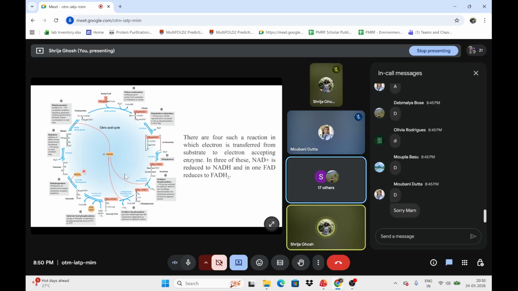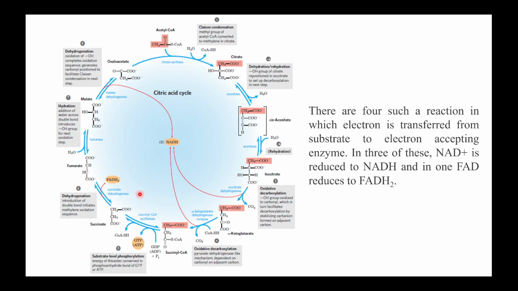It is one of the complexes in the ETC. Which complex is succinate dehydrogenase? Yes, it is complex 2. Very good. So complex 2 is succinate dehydrogenase. It converts succinate to fumarate, and in that process forms FADH2.